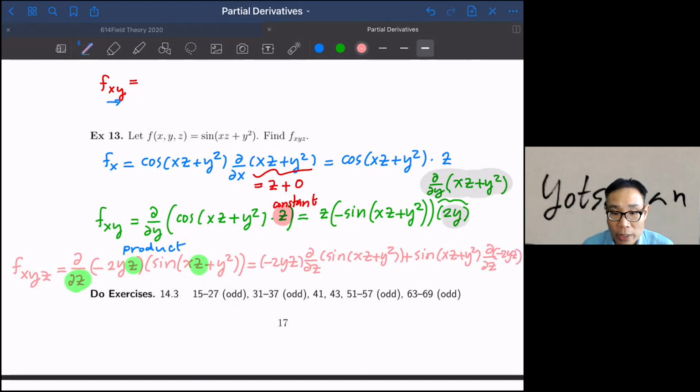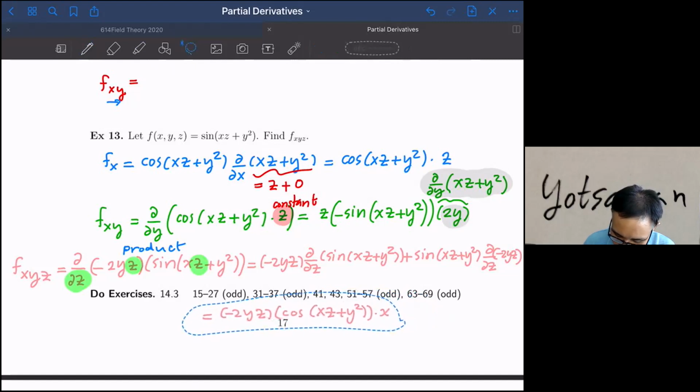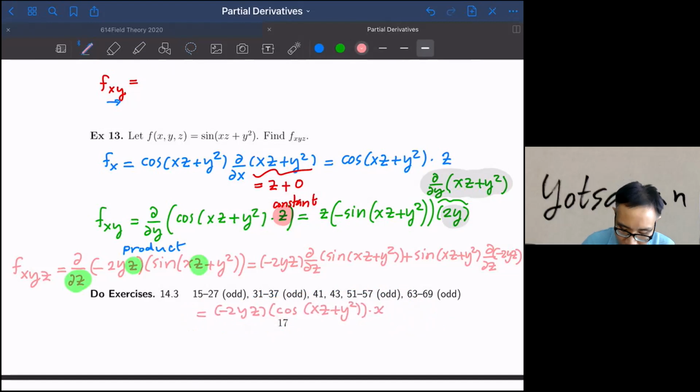So it's going to be negative 2yz times the derivative of the outside, which gives cos(xz plus y squared), and you differentiate the inside, you get x. That is this term. The second one is sin(xz plus y squared) times negative 2y.